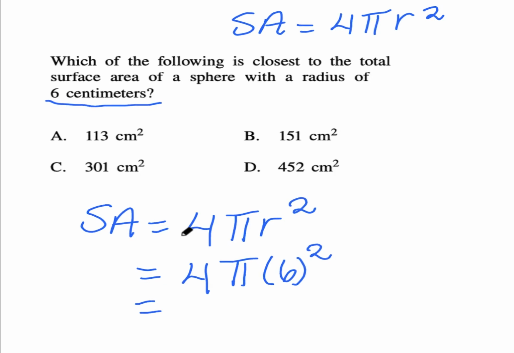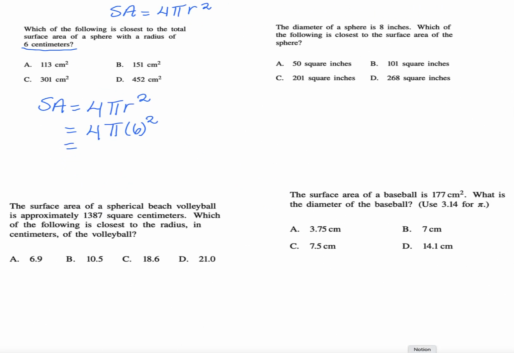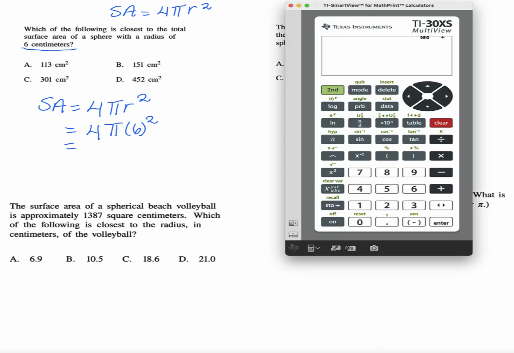We can then use our calculator because this is the calculator section. So in my calculator, I'm going to put 4 times pi times 6 to the second power, and I hit enter. Notice my answer is 144 pi, but we don't see that there. All of our answers are numerals.